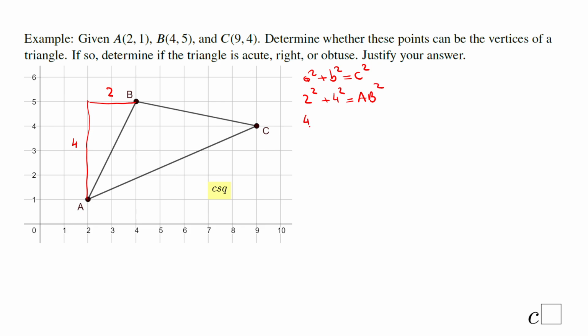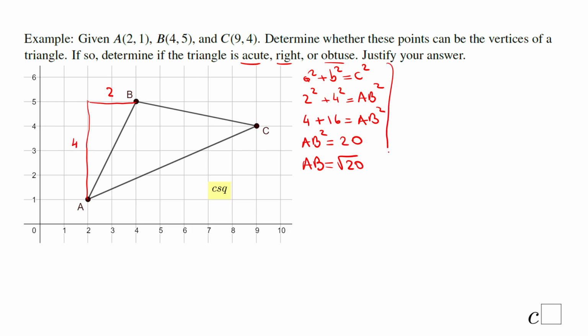So we have 4 plus 16 equals AB squared. So we're going to have AB squared equal 4 plus 16, 20. So I'm going to need that also because we need to determine if it's acute, right, or obtuse. So AB will be square root of 20, but I'm going to need also AB squared later.